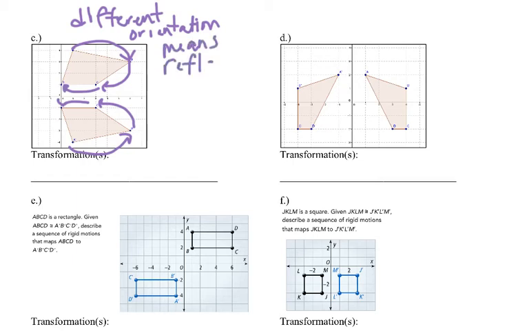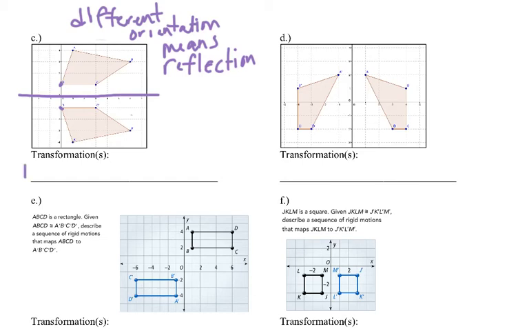Look at what it is reflected over. Let me get rid of my arrows here. You can see that it's a reflection, and the line of reflection has to be right in between the image and the pre-image. Right in between those points is this line. So the line of reflection is the x-axis. So this is a reflection over the x-axis.